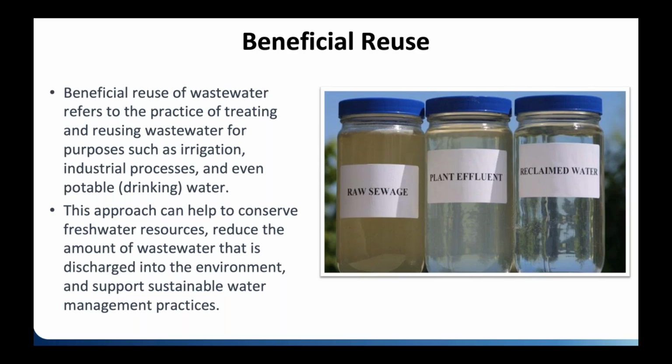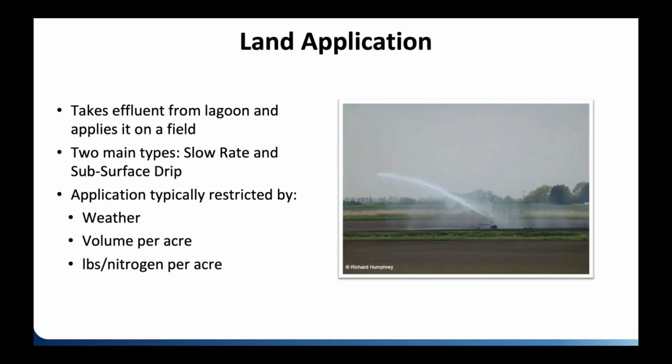Otherwise, you can treat it to an even higher standard and reclaim it and potentially use it in toilets and different things. There are different options that people use this water for. A lot of industrial facilities try to reclaim their wastewater in order to use it as process water. So these are the two main options that you typically see: either discharge or you try to reuse it.